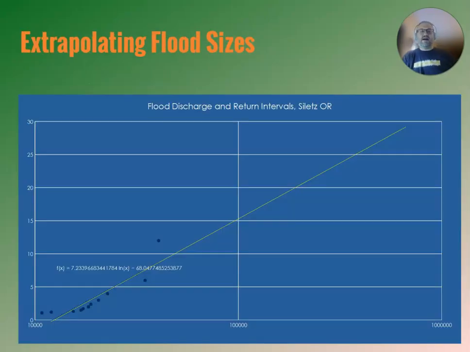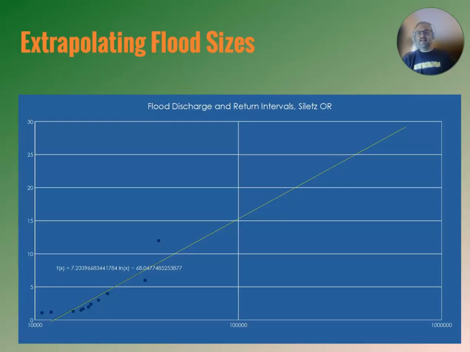And so we can do that by graphing them. So we can graph our return interval, in this case, on the vertical axis, and our discharge amount on the horizontal axis. And one thing you'll notice in this diagram is I've used a logarithmic scale for the discharge. Because just like with earthquakes, where the bigger the earthquake, the rarer it was, the same thing happens with floods.